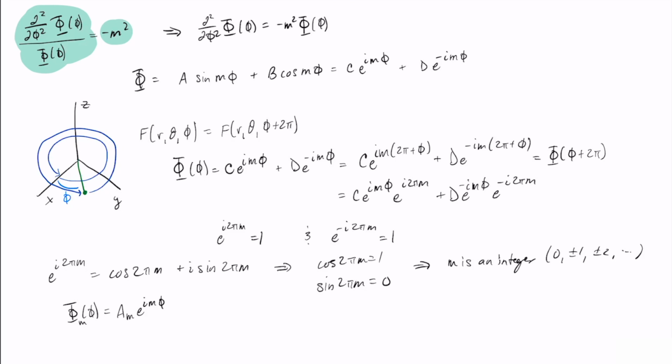And this will be, so A_m here will just be some normalization constant times e to the i m phi, where m is 0, plus or minus 1, plus or minus 2, and so on. So it can be positive and negative from 0 to infinity, any integer at all. Okay, and I'll leave it as an exercise for you to show that the normalized versions of these end up being what you get with A_m equal to 1 over root 2 pi.